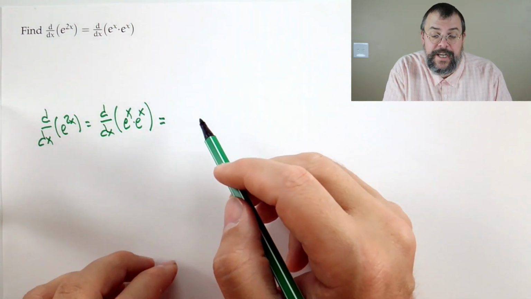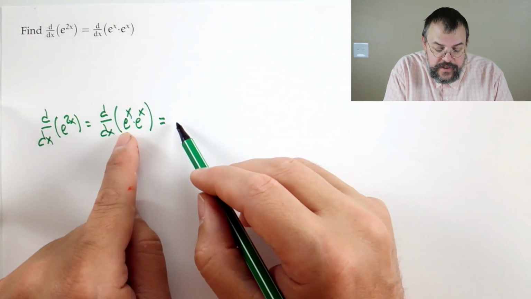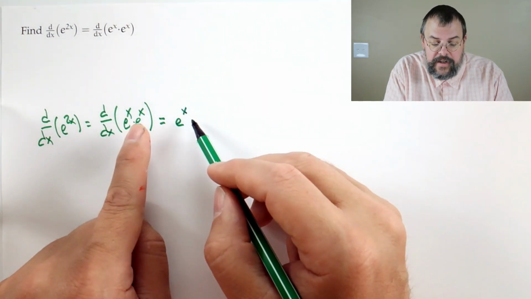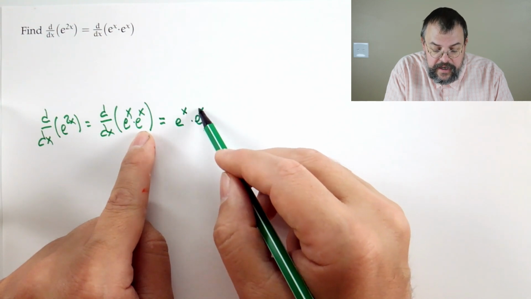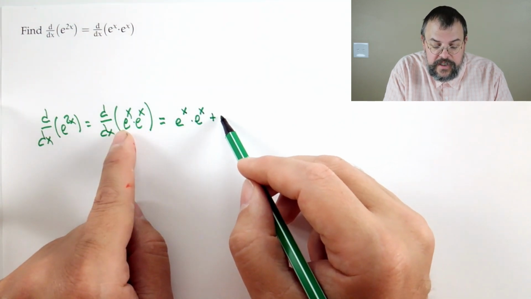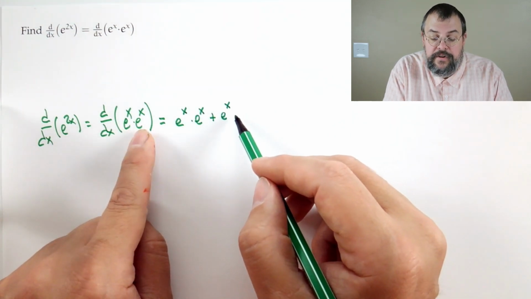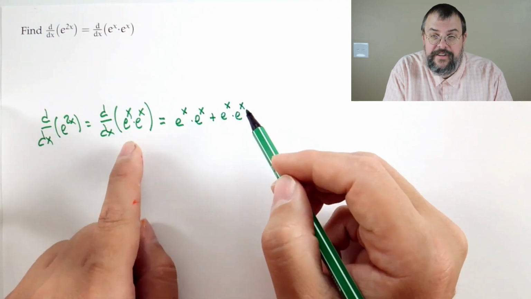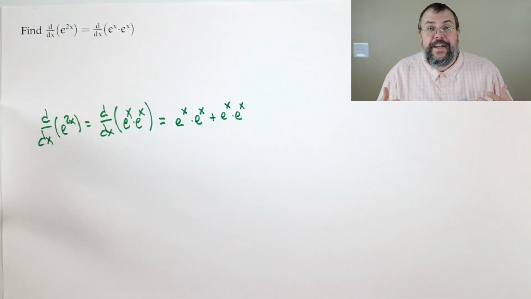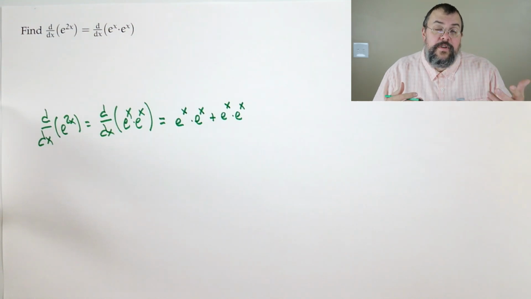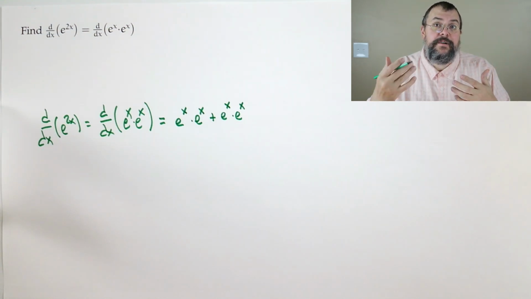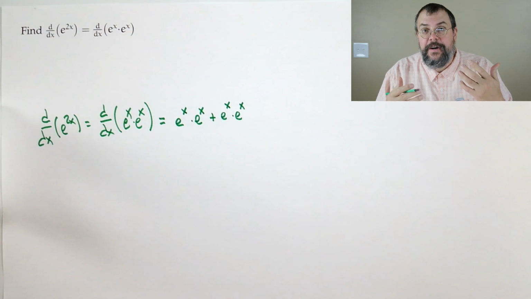Let's say it out loud what's happening. We're going to take the derivative of the first, e to the x, times the second, e to the x, plus the first, e to the x, times the derivative of the second, e to the x. So it looks like I wrote down a lot of e to the x's, but keep in mind, sometimes e to the x is the function, sometimes it's the derivative, and you want to be careful.